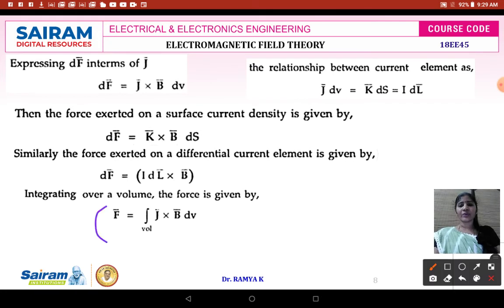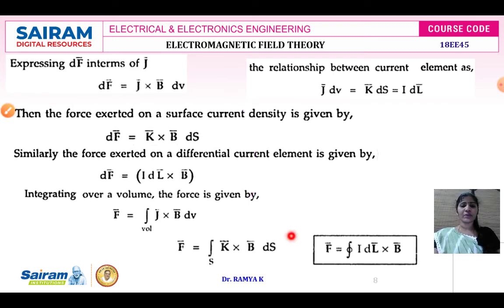When you want to identify the force from this equation, you have to take the integration on the right hand side: integral over the volume of space J cross product with B into dV. Therefore, you can write the force equation F is equal to the integral over the volume of space or the integral over the closed surface I into dl cross product with B vector. It is going to be the force on the differential current element.